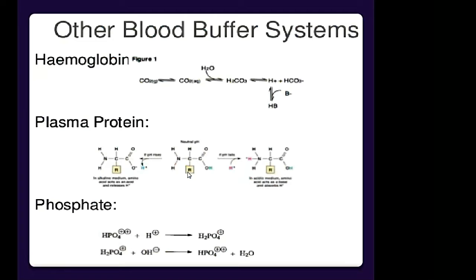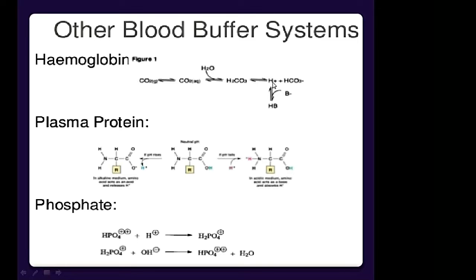And other buffer systems of the blood: the hemoglobin buffer system. First, this reaction is bicarbonate. Carbon dioxide is there in the solution. That carbon dioxide combines with water, carbonic acid is formed, H2CO3. That will dissociate into H plus ion and HCO3 minus ion.